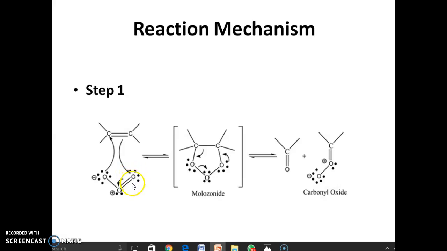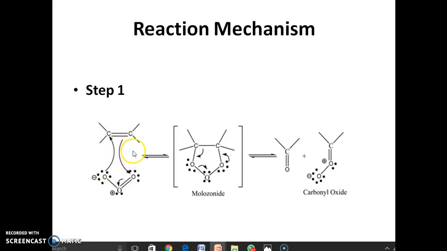As a result, there is a transfer of electrons. When electrons are added here, this oxygen gets a negative charge and this gets a positive charge. You know, oxygen is more electronegative.